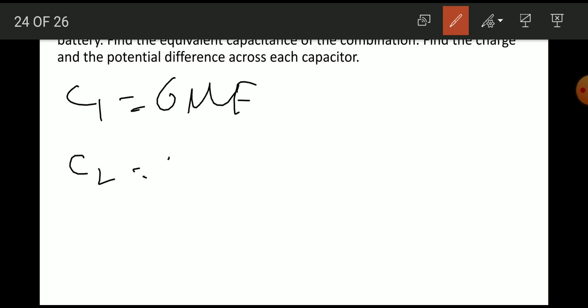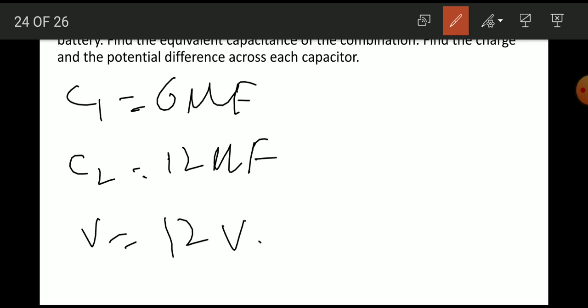Now look at the question in your book, 13.9. Two capacitors, C1 is 6 microfarad and C2 is 12 microfarad, are connected in series with a 12 volt battery.